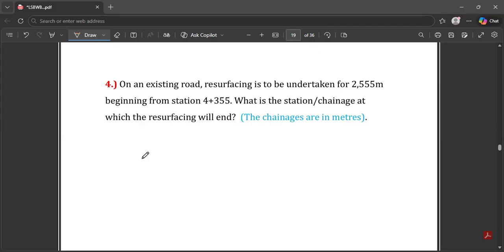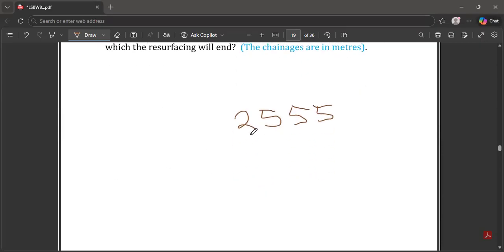The question they're asking is that they want the answer in the form of a Chainage, or a station. So no matter what, at the end of the day, you have to leave your answer in the form of a Chainage. If you have a number such as this, the first one is normally considered as kilometers, and then the rest can be taken as meters.